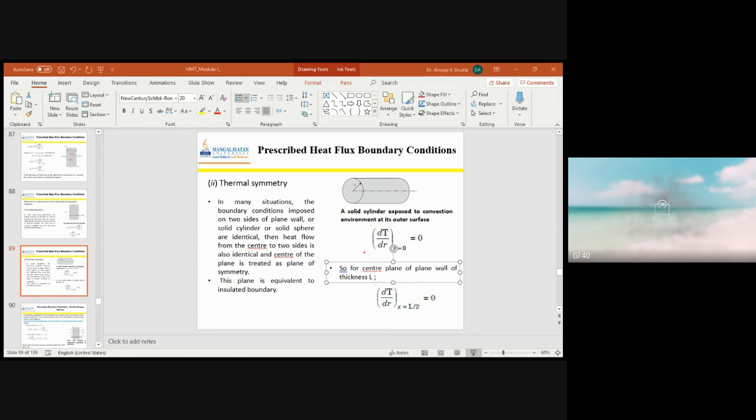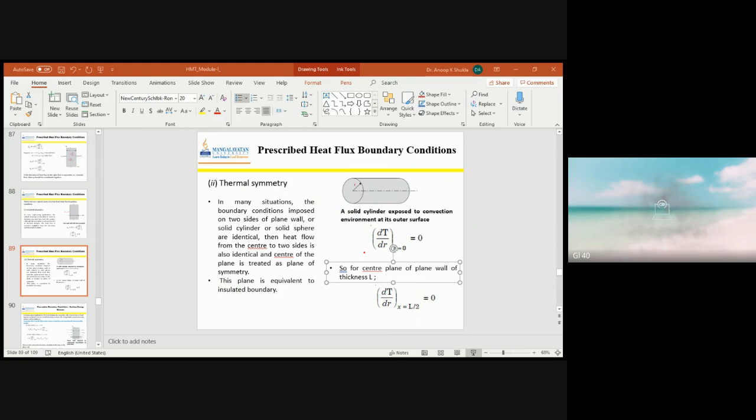K is the thermal conductivity of the material of the wall. So at the left face, when x equals 0, whatever heat is transferred through convection, that is equal to H1 times (T infinity 1 minus T at x equals 0), and that heat flux must be equal to the heat flux conducted into the plane wall from the surface.